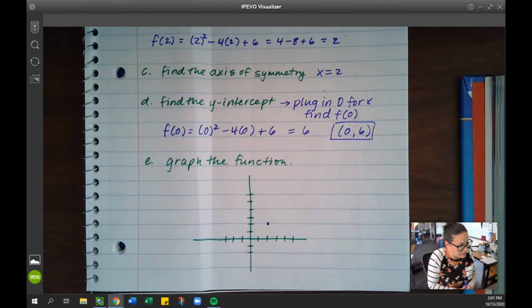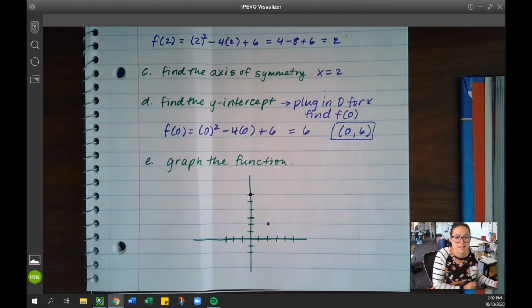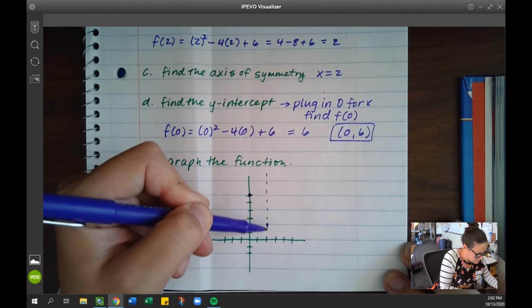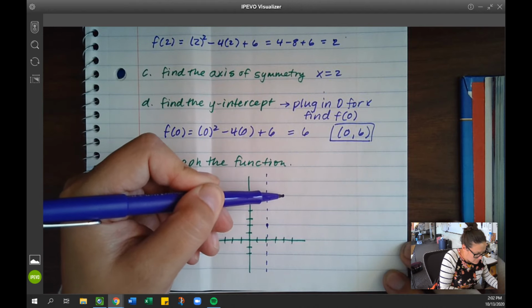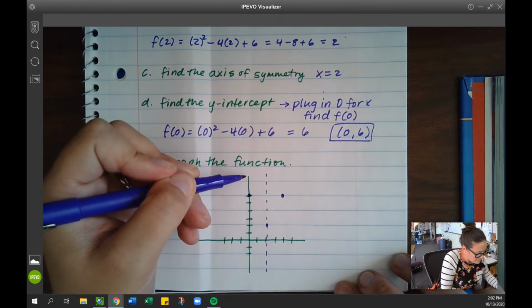We found that up in part B. I also know that the parabola hits the y-axis at 6. And since parabolas are symmetrical, right, here's my axis of symmetry, I also know that there's going to be a point at 4, 6 because of the symmetry of parabolas, and that the left side and the right side are going to match each other.